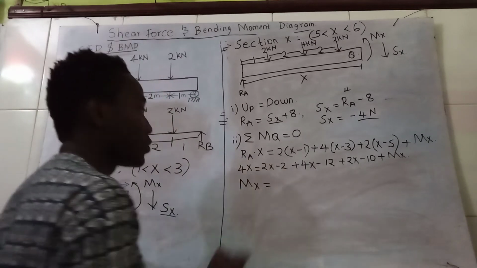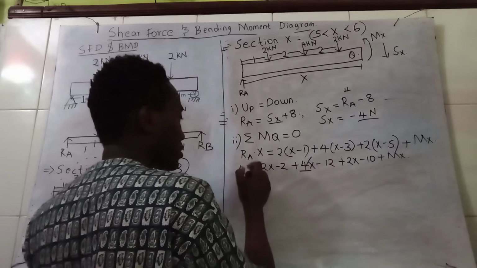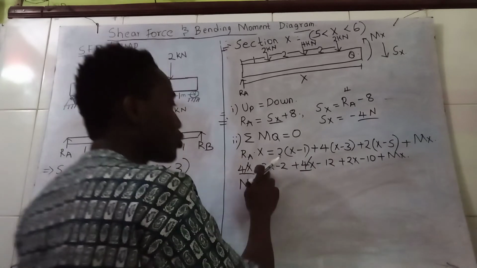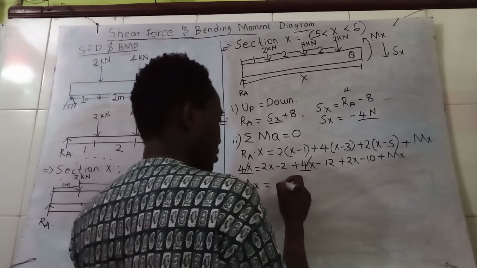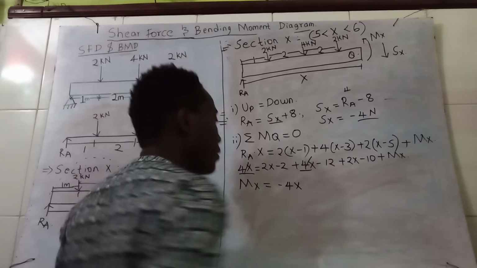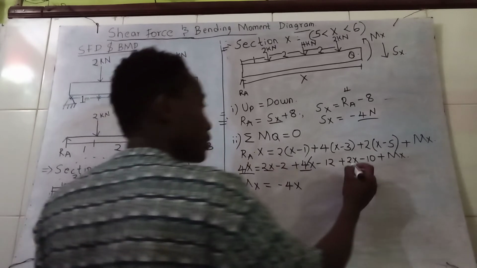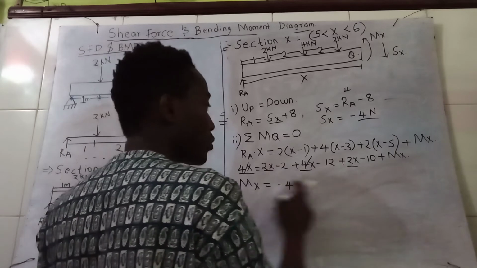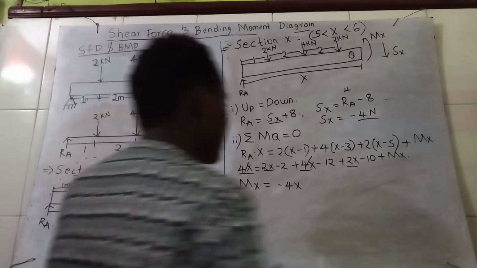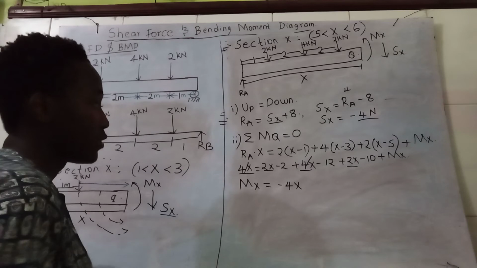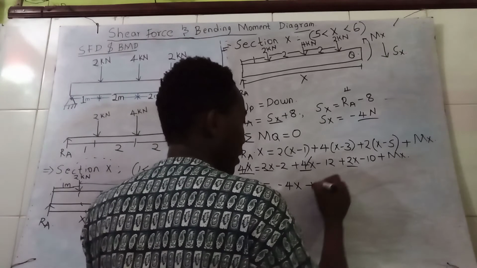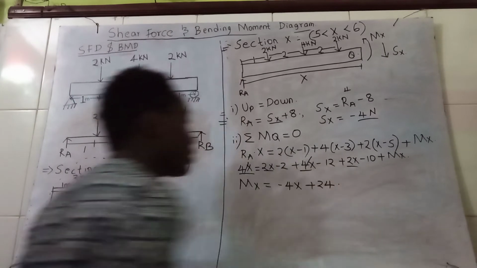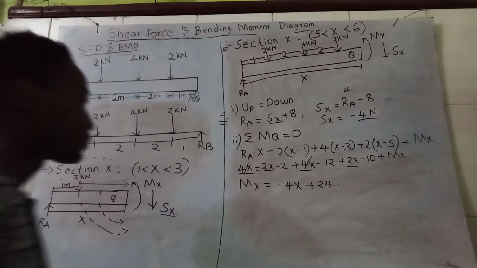Mx is equal to 4x cancels out, 2x plus 4x plus 2x is 8x, so negative 4x, then negative 2, negative 12, negative 10, that is a negative 24, plus 24.